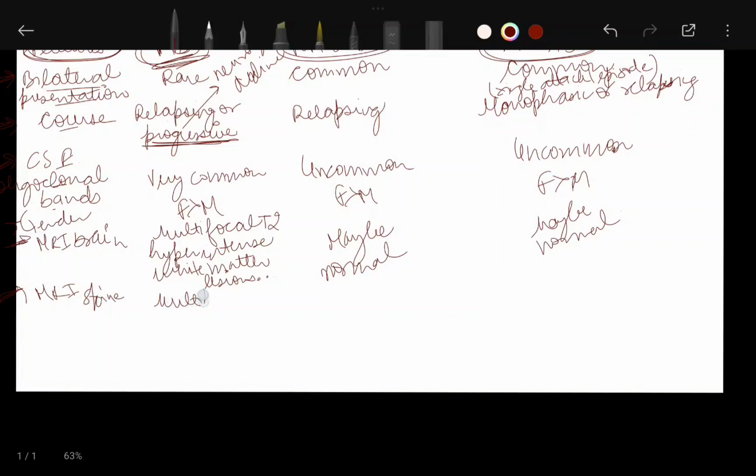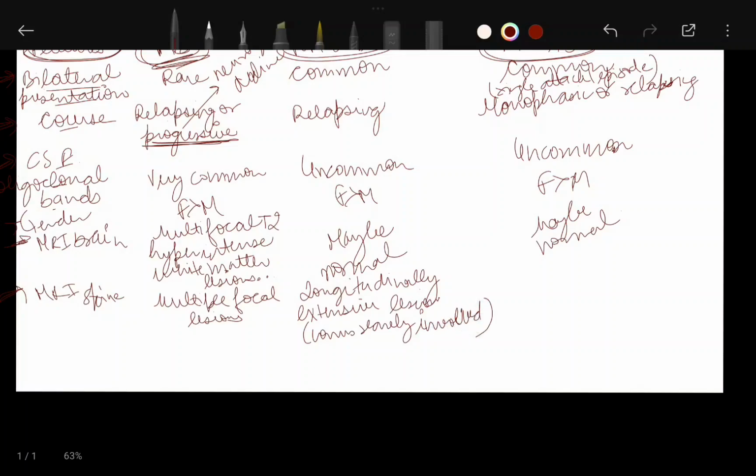Again, multiple focal lesions are seen in MS. In NMOSD, longitudinally extensive lesions are there, and the conus is rarely involved. In case of MOGD, again central lesions are there, and longitudinally extensive lesions are there. In NMOSD, cervical lesions were there, and in MOGD, lumbosacral lesions were there.